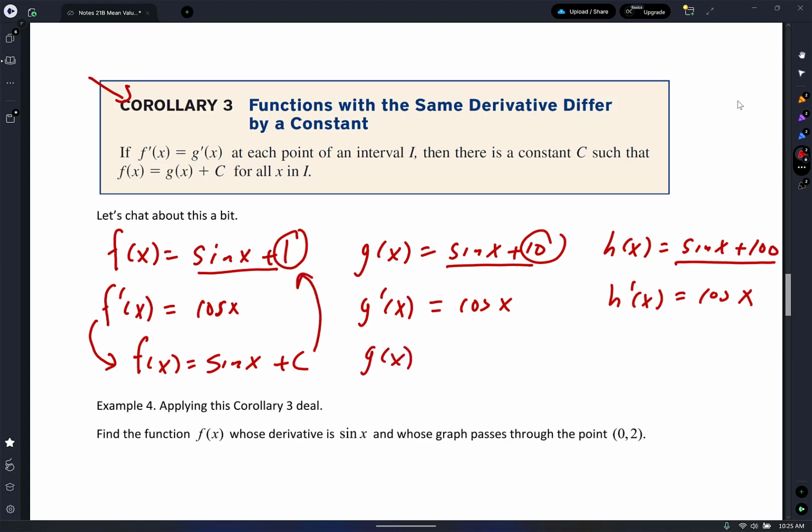Of course, they have to give you a condition for you to figure out what that c is. How do I find that 100? That 10? That 1? They have to give you either an initial condition or a condition to solve for that c. And you've done that with position, velocity, acceleration. Do you guys remember? Now we're finally starting to get more and more experience.